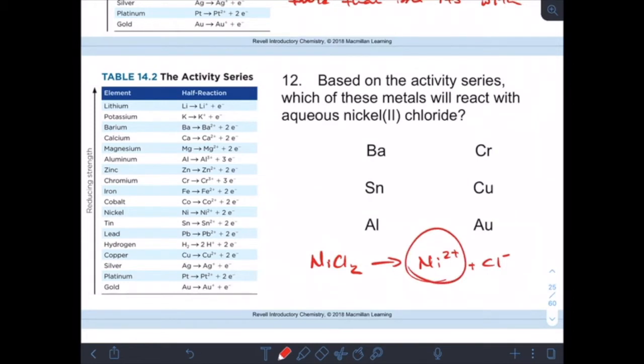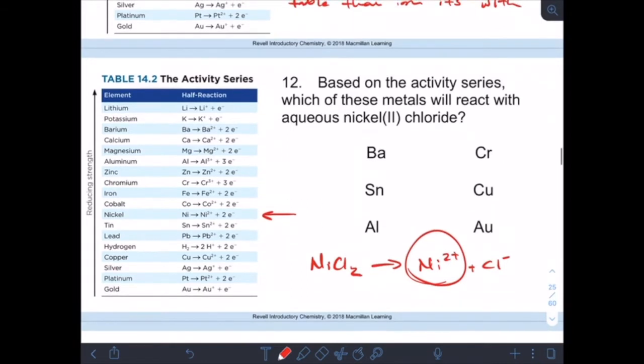Let's find our nickel 2+ on the table. And it's sitting right there. So which of these metals will react? Anything that's higher on the table.